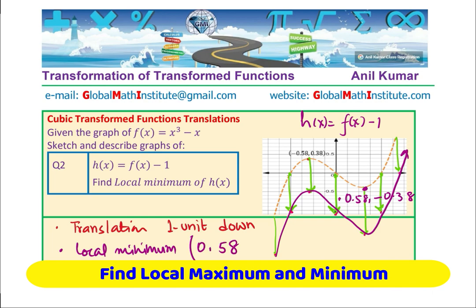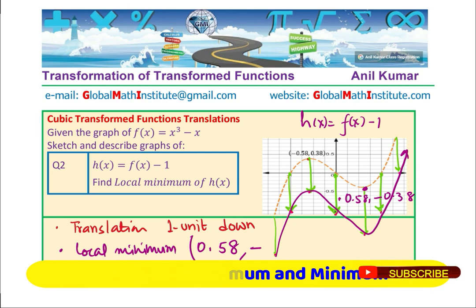From the odd symmetry, it is exactly at the same point, right? And 1 unit down means minus. So you have to subtract 1 from 0.38, right?